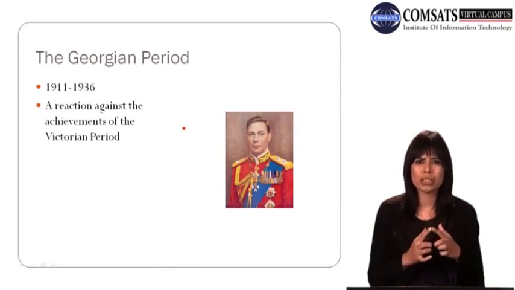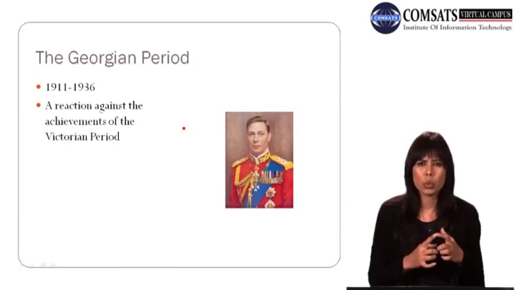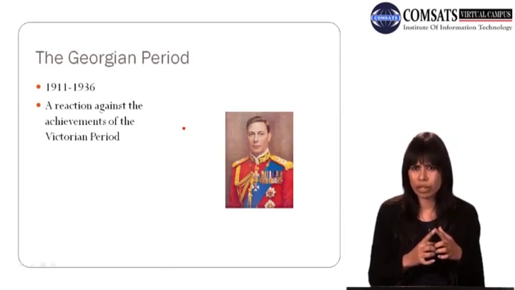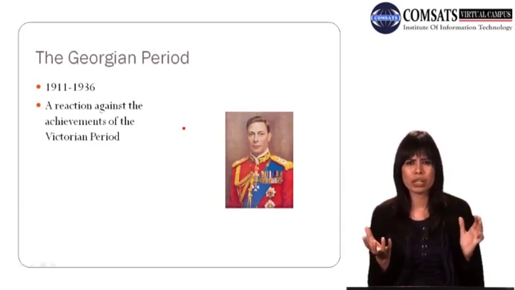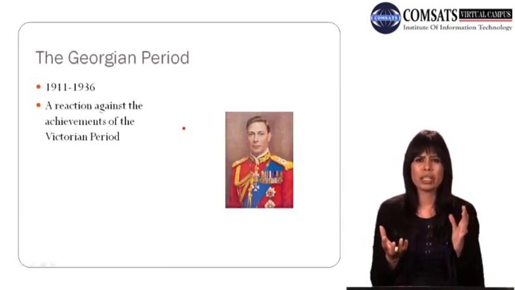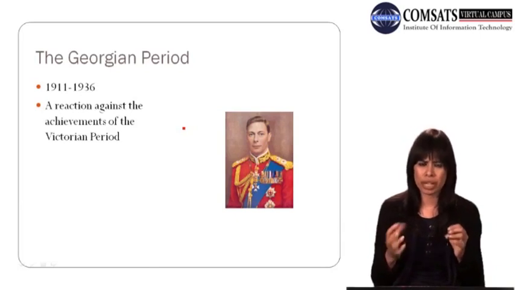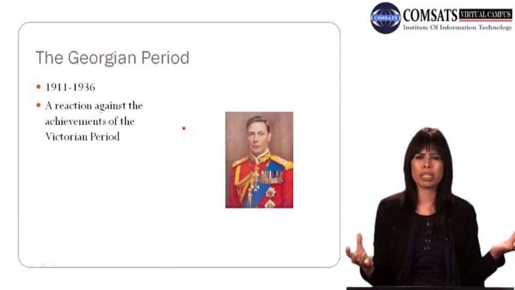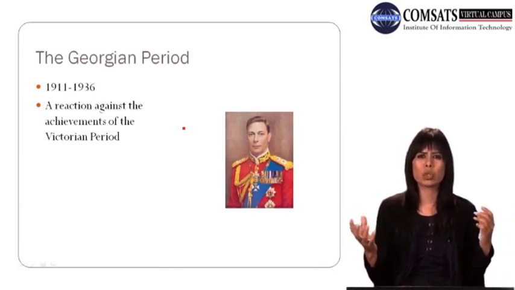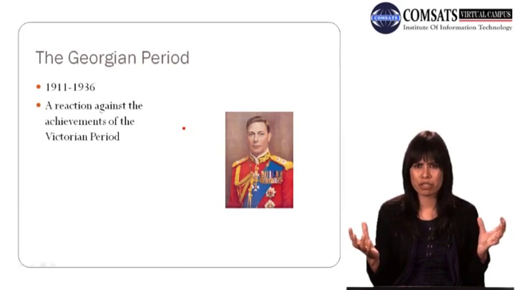Why is this known as the Victorian period? Because Queen Victoria was ruling over England during that period, and you'll see the elements of energy and morality in the writings of that era as well. My dear students, let me remind you, we are talking about the Victorian period here in general terms, not in terms of literature particularly.